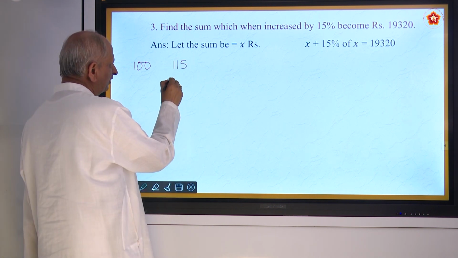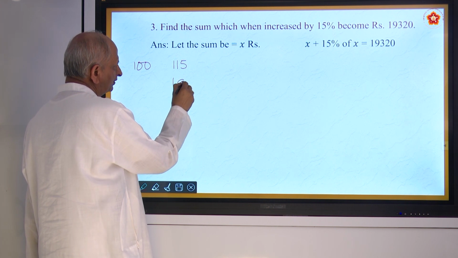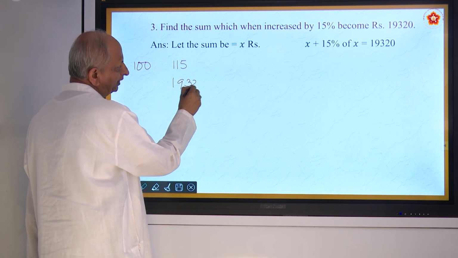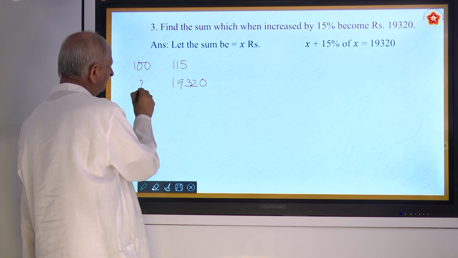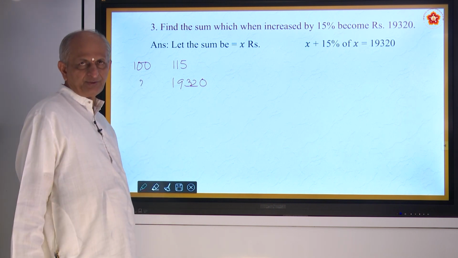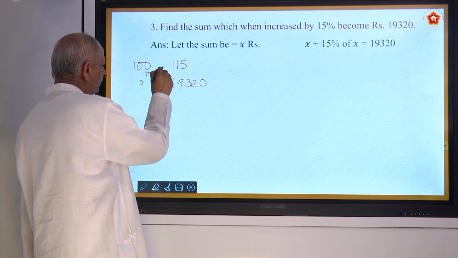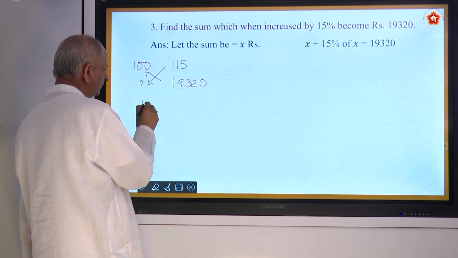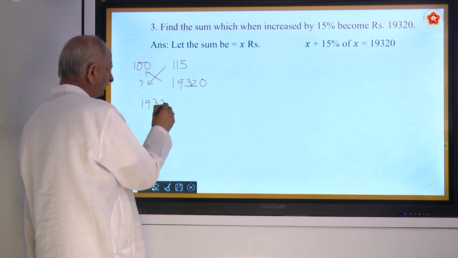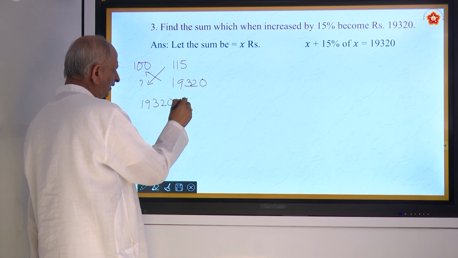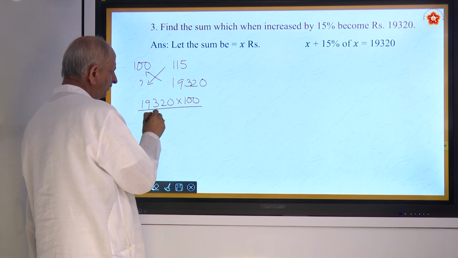So for 19,320, what should be the sum? That way also you can try. So if you just multiply these two and divide by this, 19,320 into 100 by 115.